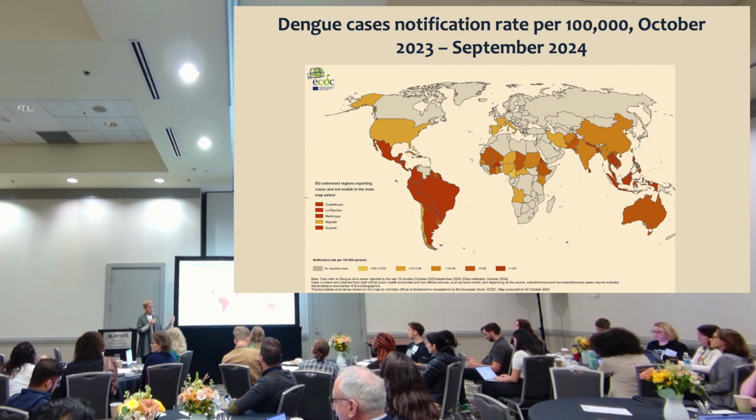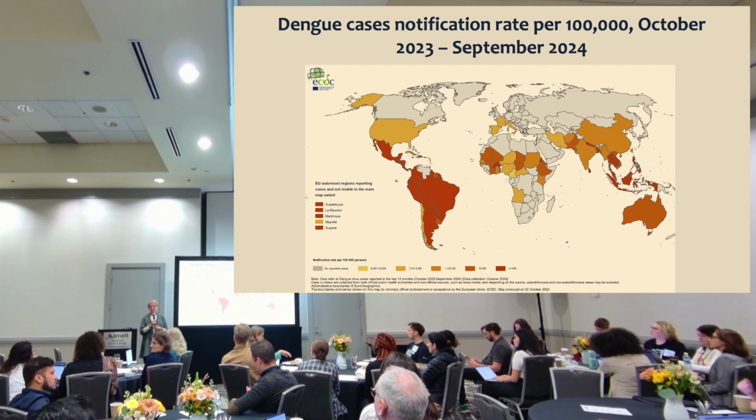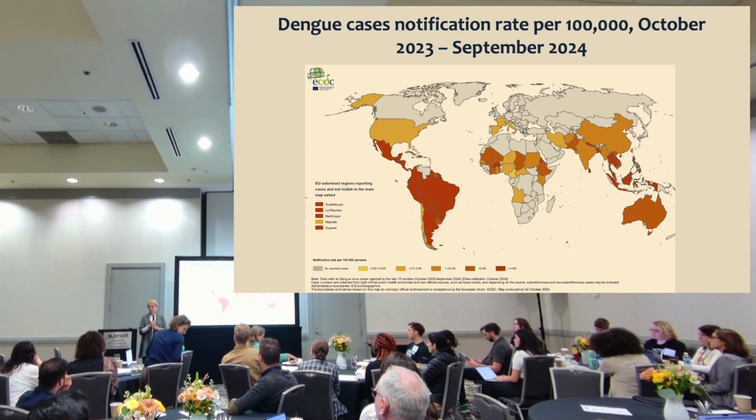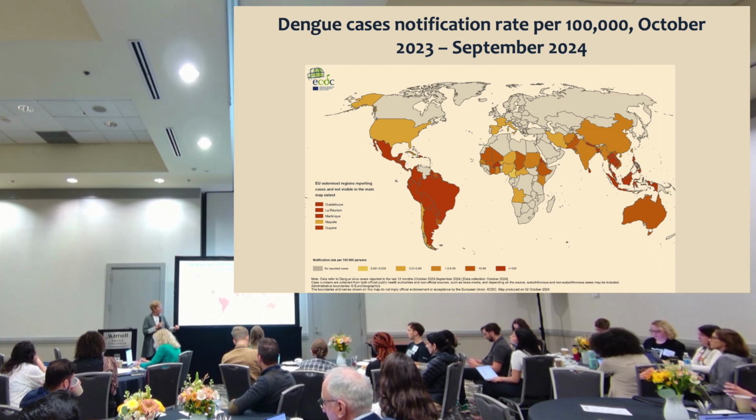How many of you have reported on dengue fever? Not many. For those of you who don't know, dengue fever is raging in the Americas, around the world. This is the last year. These are the notification rates per 100,000.